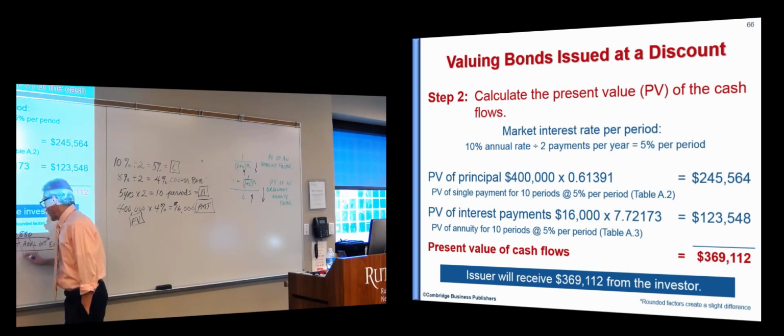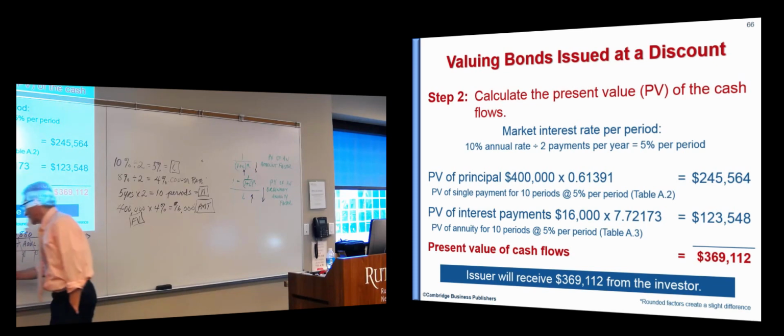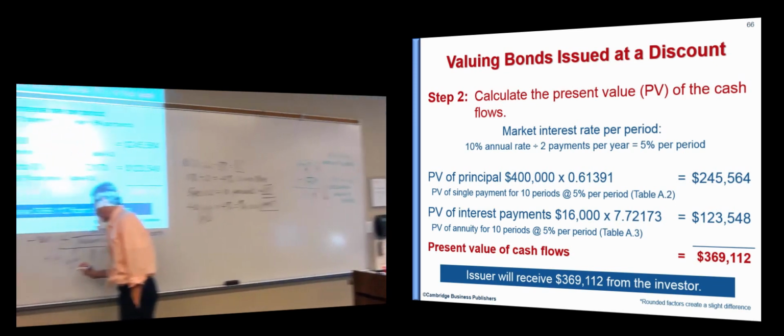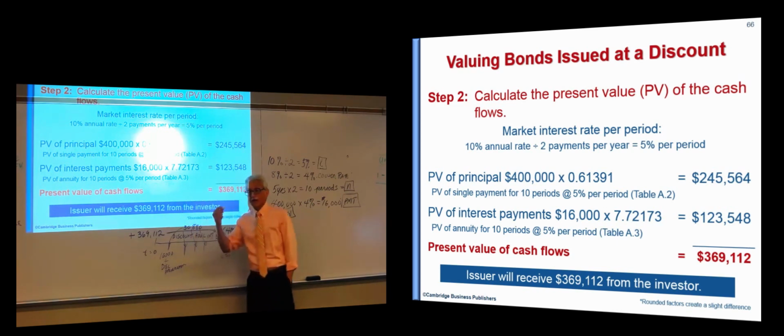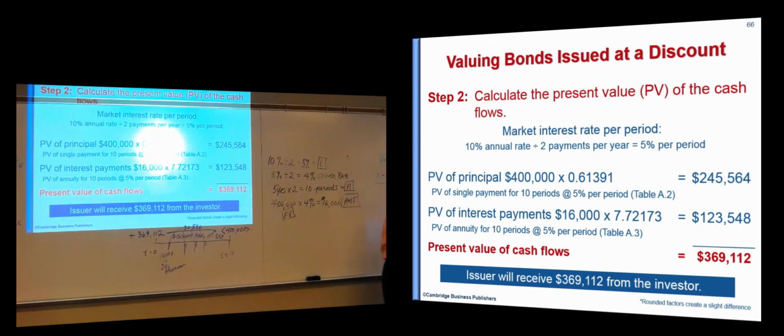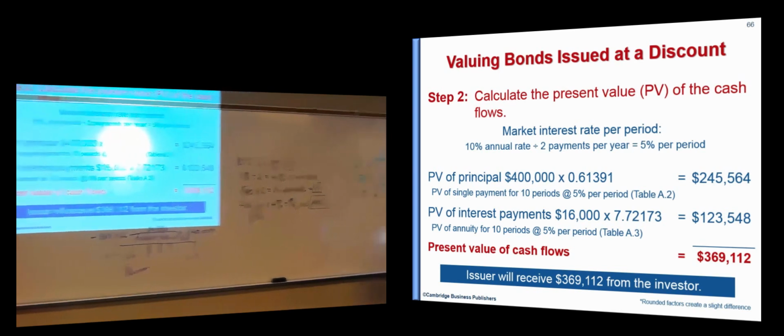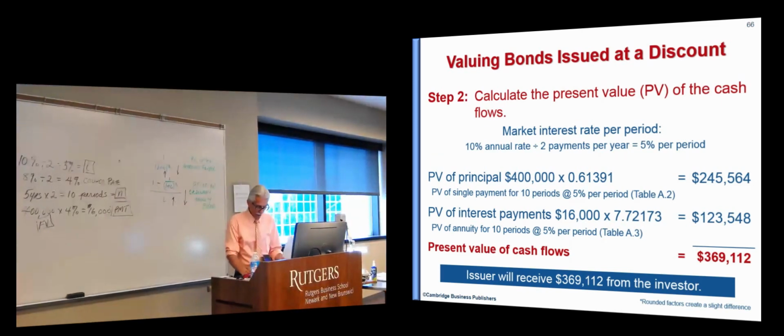So each period, my interest is going to be $16,000 plus discount amortization. And we're going to see later that the interest is going to actually increase by the amount of that discount. So the discount amortized is going to increase that amount.